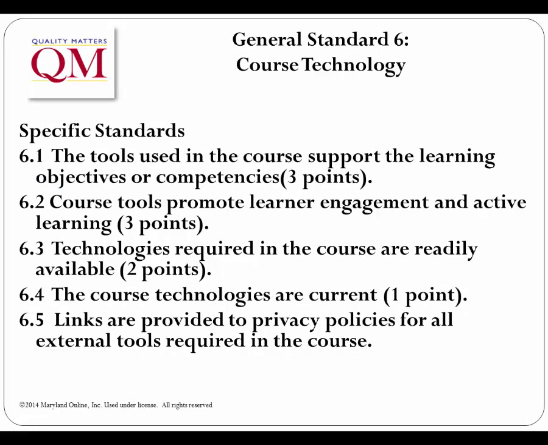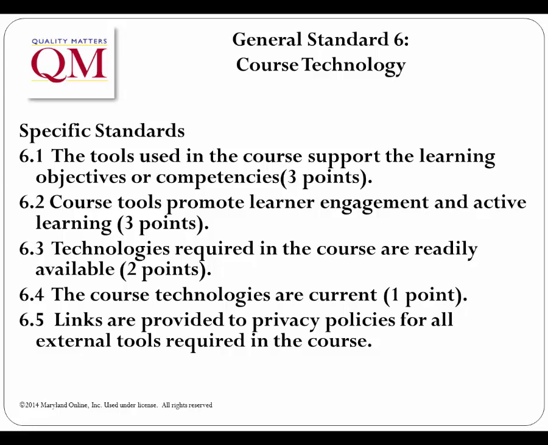Okay, so we want to move on then to General Standard number 6. That's General Standard 5, which we're going to talk about course technology. The specific standards: the tools used in the course support the learning objectives or competencies, an essential 3-point standard. Another essential 3-point standard is that the course tools promote learning engagement and active learning.